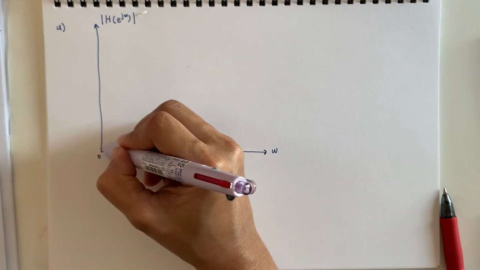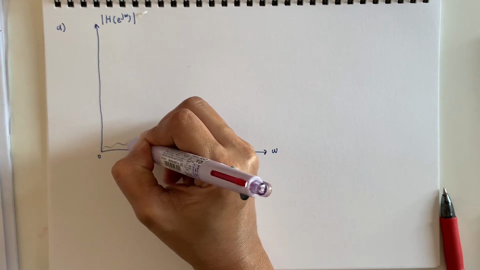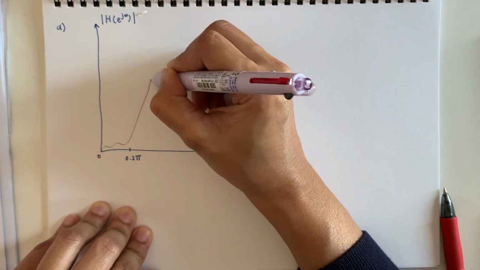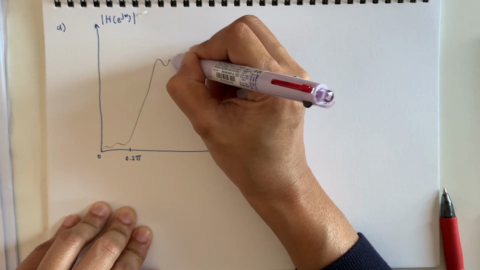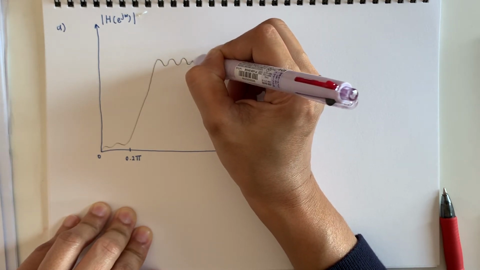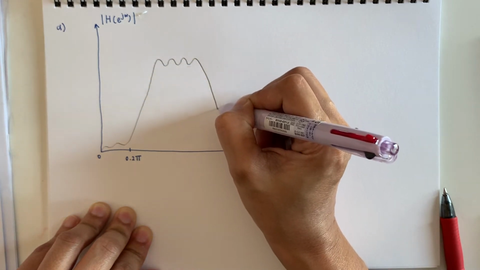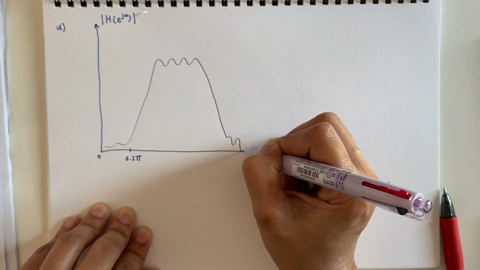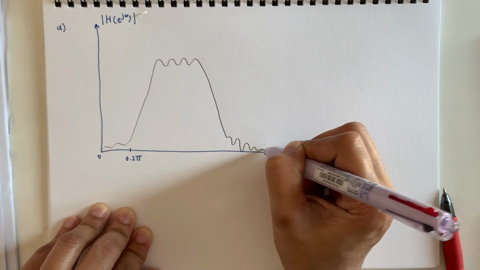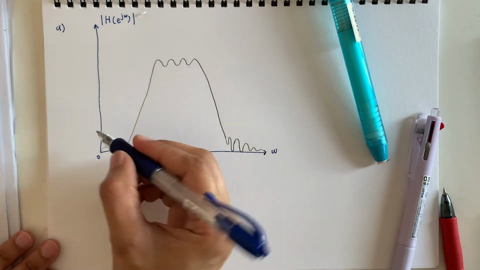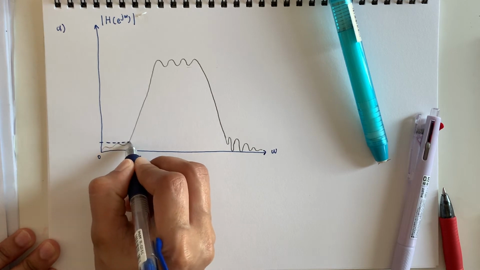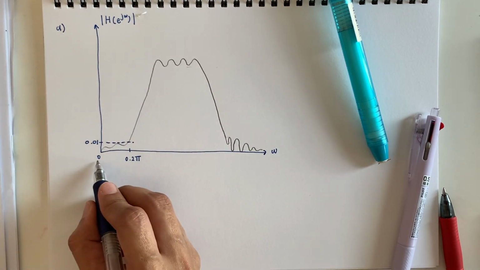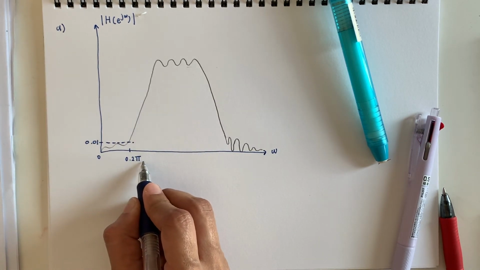It goes from approaching 0 up to 1, then you have the passband part, and then it goes down. The stopband ripple here is 0.01, with the range from 0 to 0.2 pi.